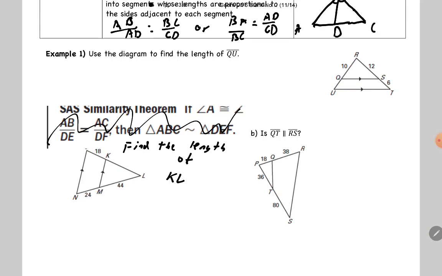Okay, so they tell us that QS is parallel to the third side there, or the bottom side. So that means these sides get split up proportionally. So left over left, so 10 over x, let's call this x, is equal to right over right, 12 over 6. So I'll get 60 equals 12x, divide by 12 on both sides, x equals 5.